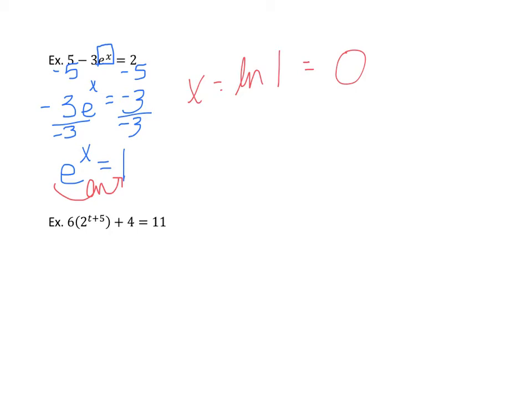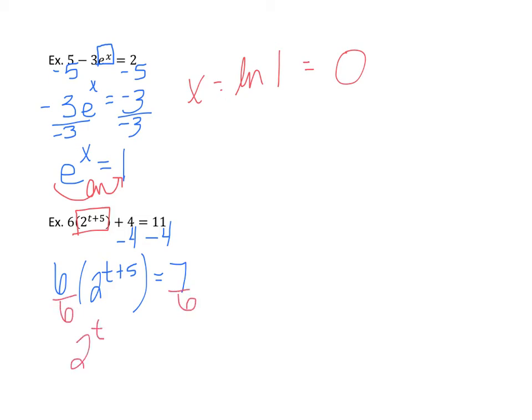Again, isolating the exponential part. Here's your exponential part. So subtract the 4. 6 times 2 to the t plus 5 equals 7. Divide by 6. 2 to the t plus 5 equals 7/6.